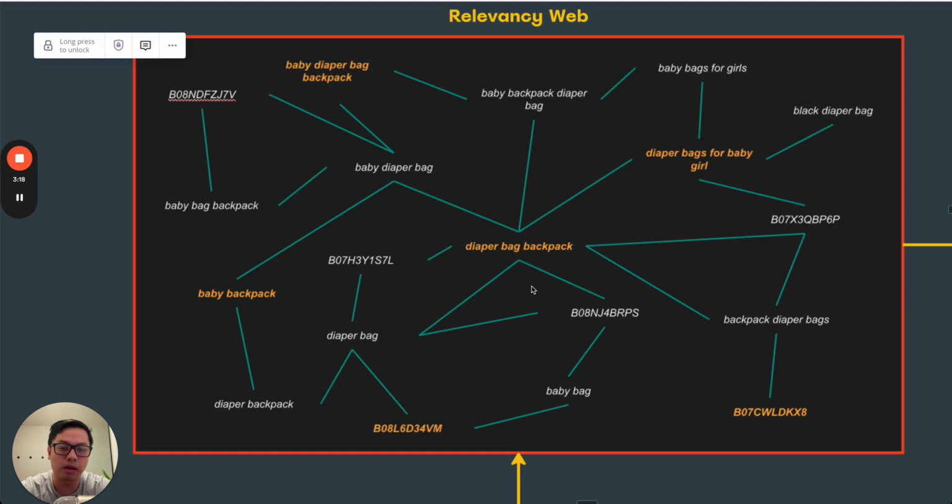Amazon will automatically flag that and say, hey, this keyword is relevant to your product because it received a sale and got a pretty decent conversion rate compared to other products in the market advertising on the same keyword. So they'll start to suggest, I think you might do well for diaper bags for baby girl, baby diaper bag, and baby diaper bag backpack. And perhaps on this target, I'm going to show your ad.